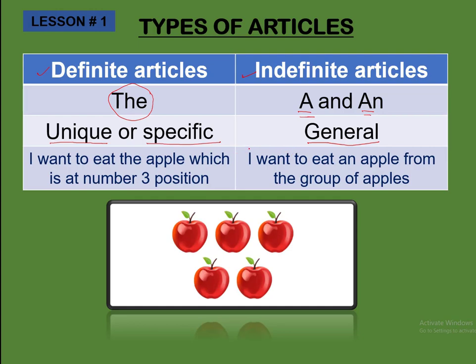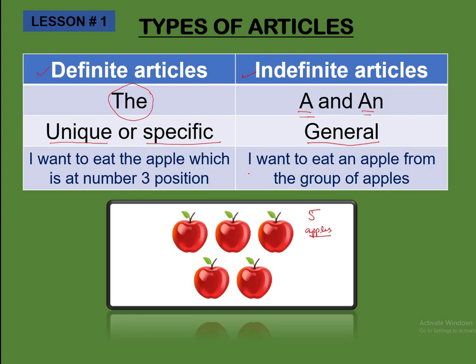Let's have a look at an example which will make it clear how an article is used as a definite article and how it is used as an indefinite article. Let's suppose we have 5 apples and we are going to eat one of them.